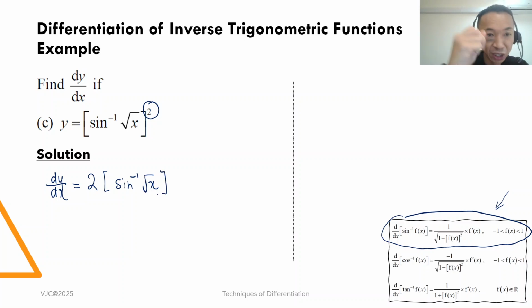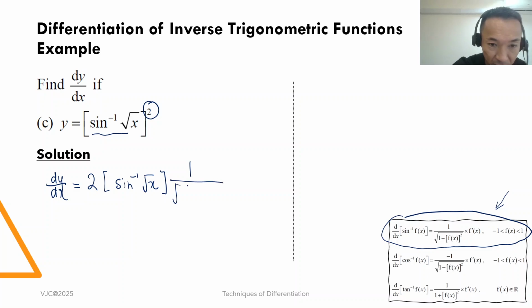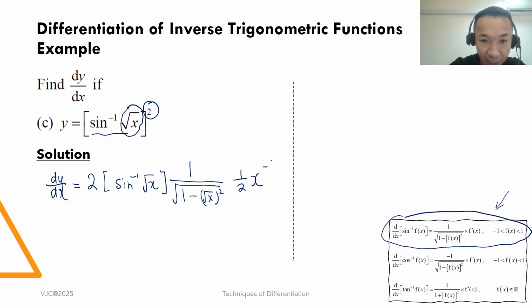Then differentiating the inside, which is arc sine root x, gives 1 divided by square root of 1 minus root x to the power of 2. Then don't forget to differentiate your root x here, which is a half x to the power minus half. So there are many layers of chain rule here. Very, very dangerous. It's very tempting to miss out 1 or 2 terms.